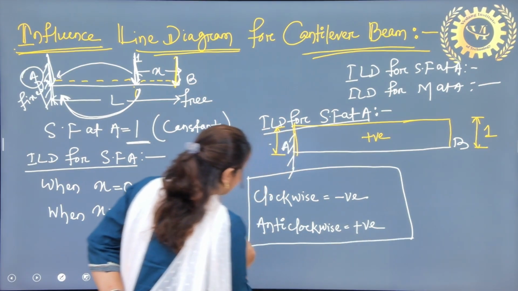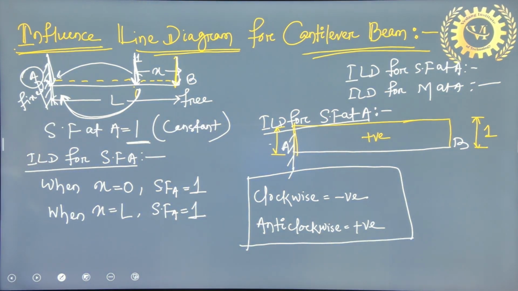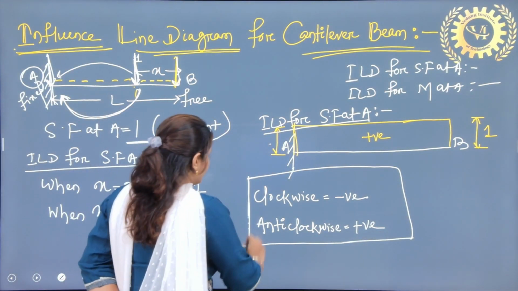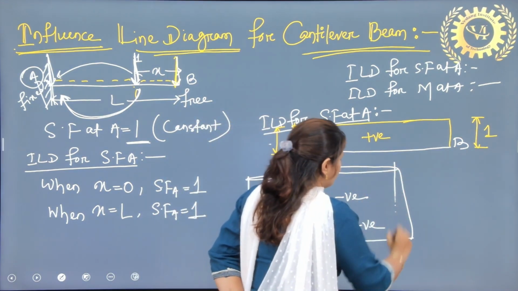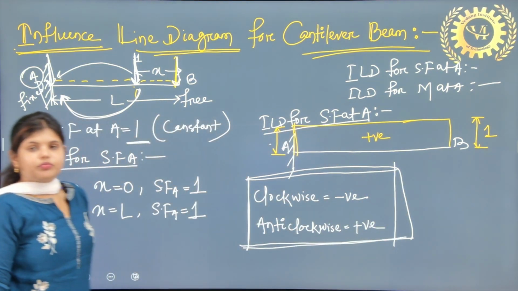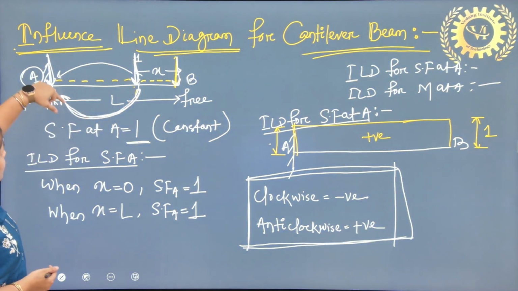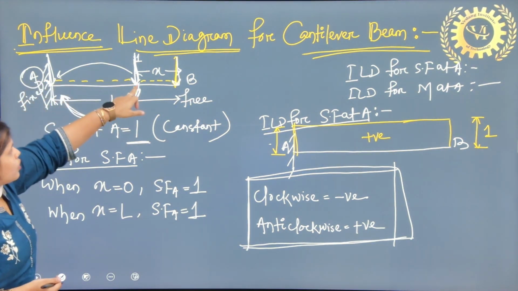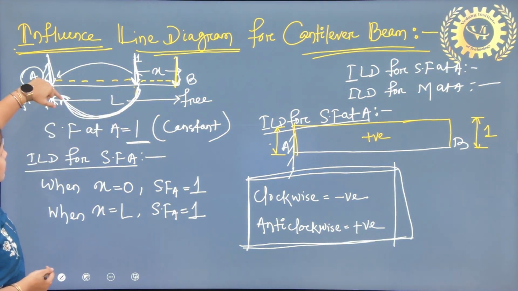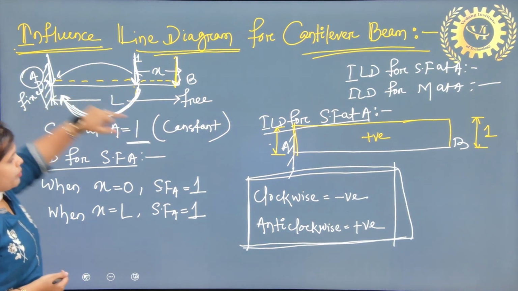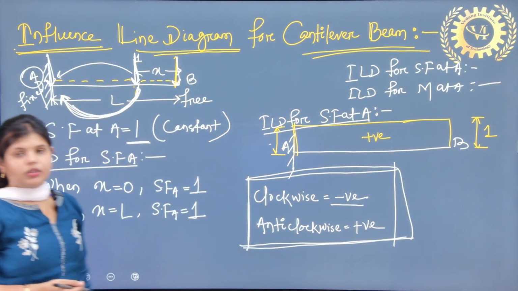Whenever we are finding the shear force, bending moment or ILD diagram, we need to know this. If the load is acting in the clockwise direction, the clock moves right like this, no? So this will be negative.